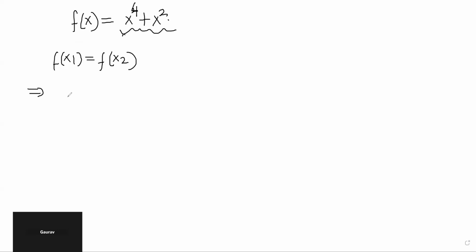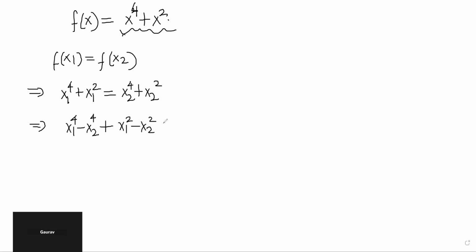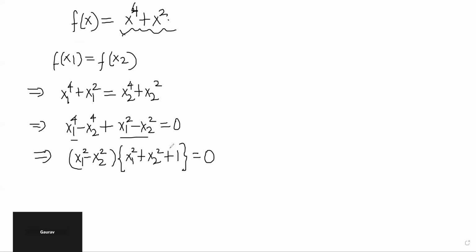So we'll say x1 power 4 plus x1 square is equal to x2 power 4 plus x2 square, which means let's bring everything to one side. x1 power 4 minus x2 power 4 plus x1 square minus x2 square is 0. And we can factorize this and take this common. We'll get x1 square minus x2 square common, and inside we'll have x1 square plus x2 square plus 1, right? Now this part can never be 0, right?